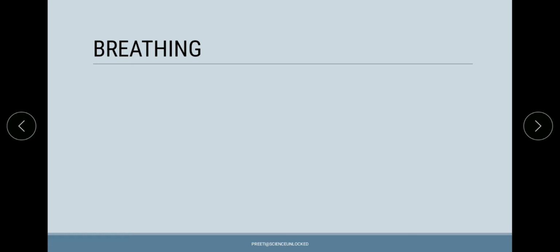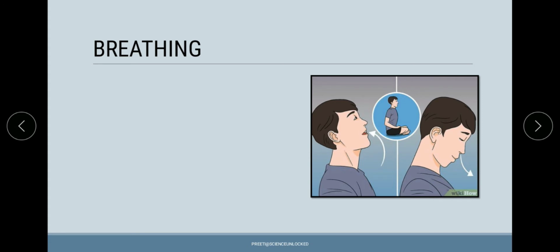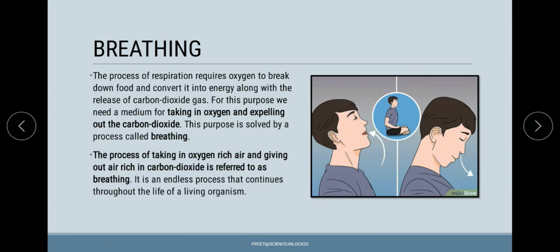Now this particular concept is very easy, where we simply talk about taking in enough oxygen and removing carbon dioxide through the nostrils or mouth. The amount of oxygen that the body requires during cellular respiration is obtained by the process of breathing, where it takes in air which is rich in oxygen and expels the air which is rich in carbon dioxide.